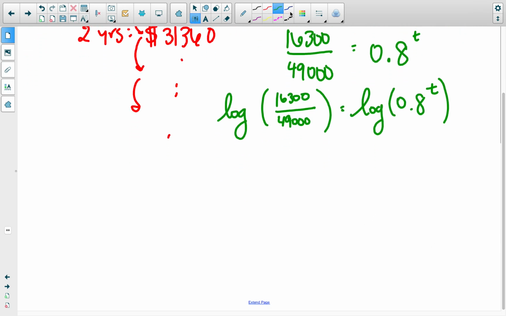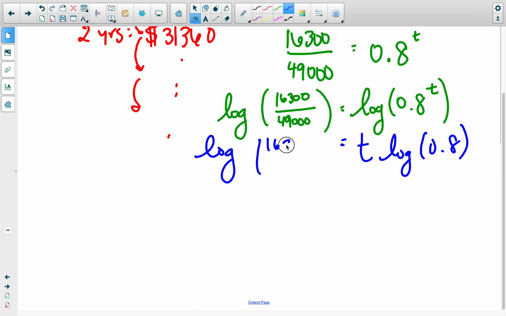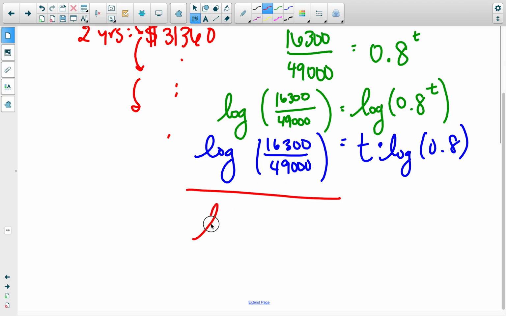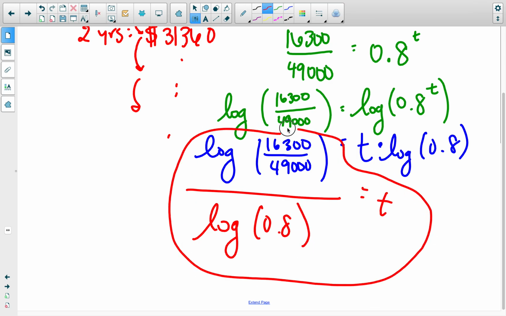Now the t is going to come out front. And then we want to divide both sides by that number to get t by itself. So you're going to end up with log of this whole fraction divided by log of 0.8. All of that is equal to your t.